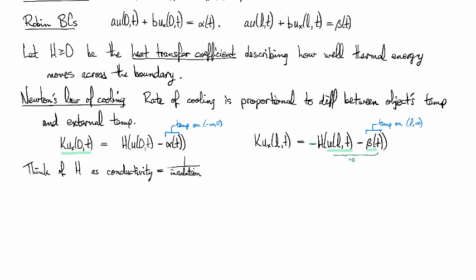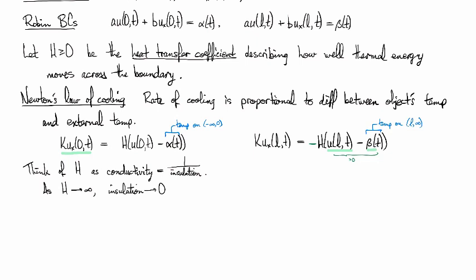So what that means then is that if we look as h tends to infinity, so in other words, as insulation tends to 0, then what do we expect to see?